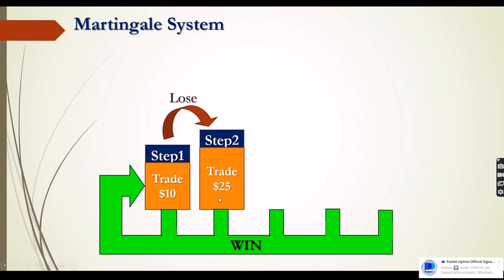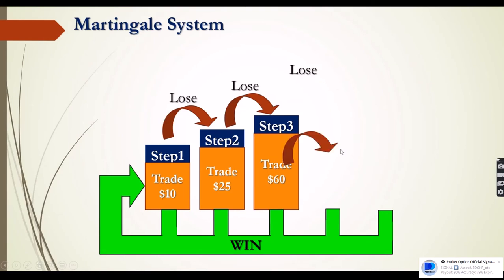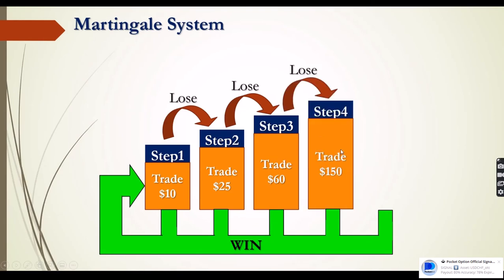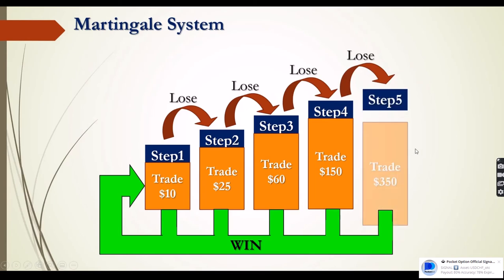Then if you win the trade, you go back to $10, not start at 25, yes? So this is step 1, step 2, and of course we go on to step 3, 60, step 4, and finally step 5. There is only maximum 5 levels to this, okay? So when you make a profit, go back to $10 always.